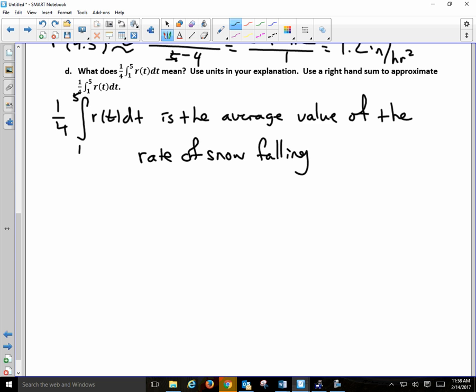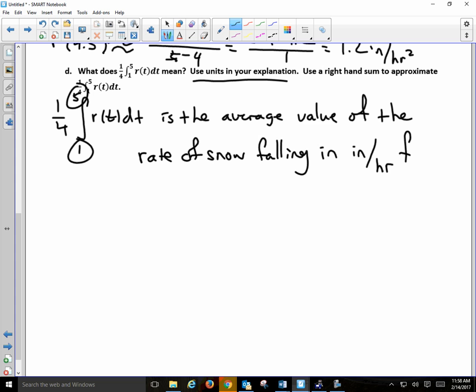Now I wrote that when I first had the type of problem and I got it incorrect because it says use units in your explanation. So I said, okay, average rate of snow falling in inches per hour. And I still got it wrong. And I said, why? And they said they want you to talk about 1 and 5.